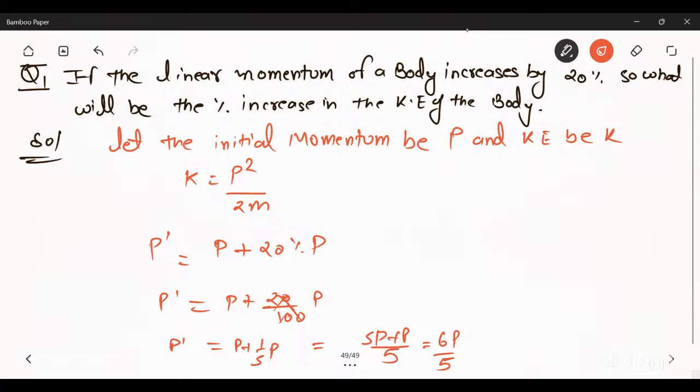Increased by 20% means, suppose we have 100 rupees, if we increase it by 20%, it becomes 120. Means initial plus 20% of initial. So that's why I have written P dash is equal to P plus 20% of P. Now the final momentum will be 6P by 5.